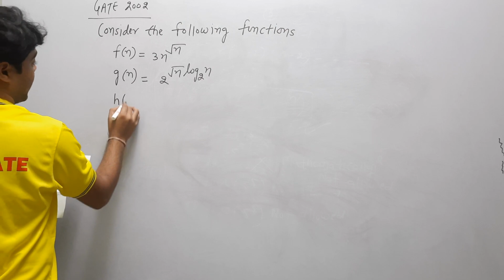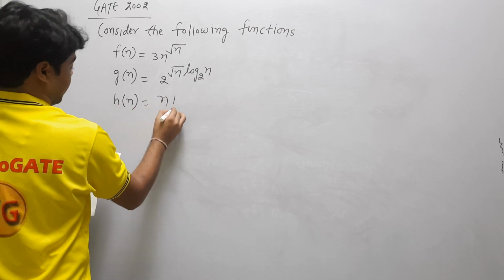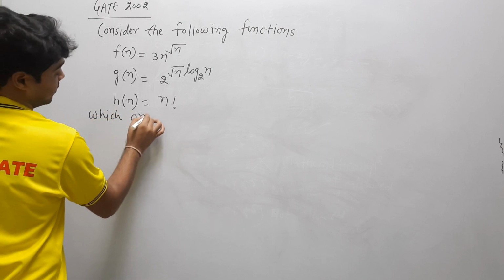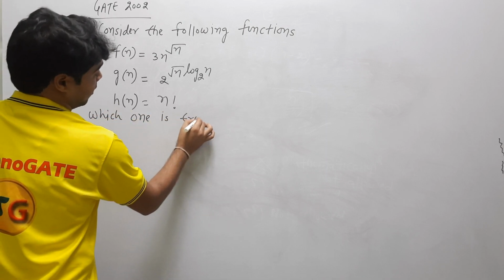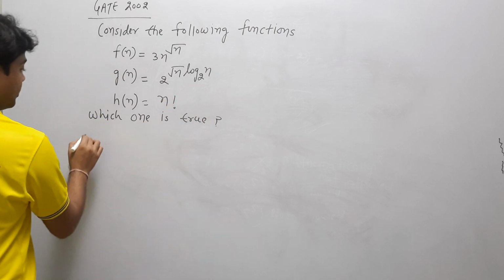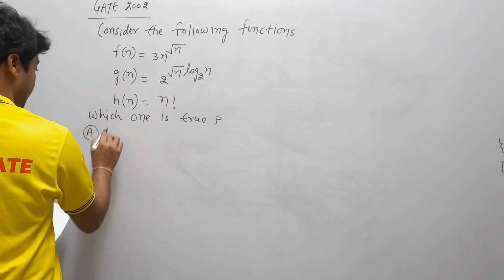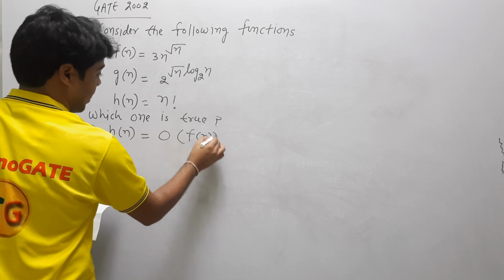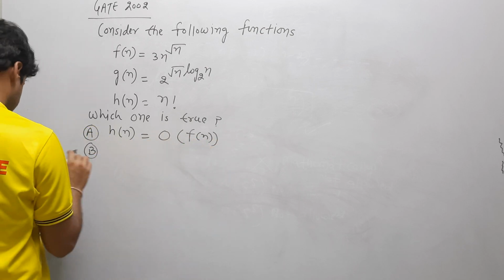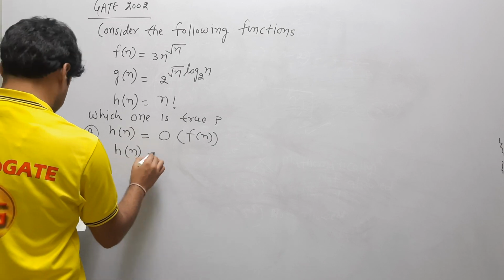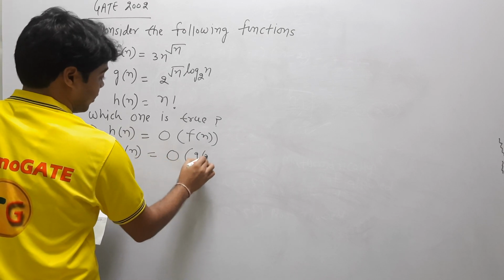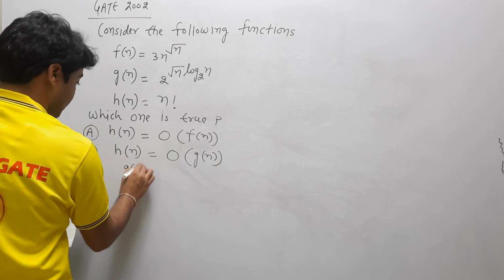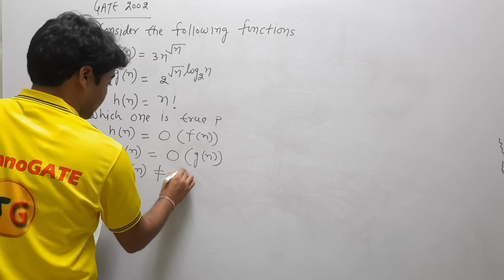And h of n is n factorial. Which one is true here? Option A is h of n is big O of f of n. B is h of n is big O of g of n. C is g of n does not equal big O of f of n.